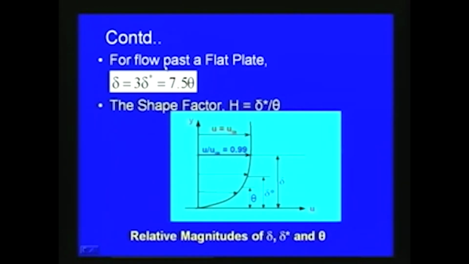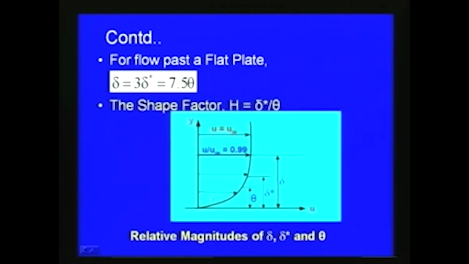So, for flow past a flat plate we can show that delta is equal to 3 times delta star is equal to 7.5 times theta, and then also one factor called shape factor in general defined in literature, H is equal to delta star by theta, that means the ratio of the displacement thickness to momentum thickness is defined as the shape factor.